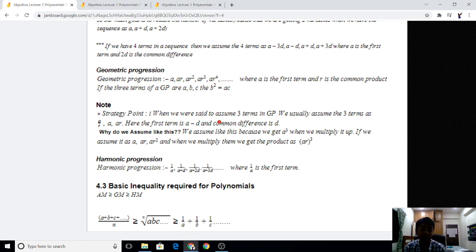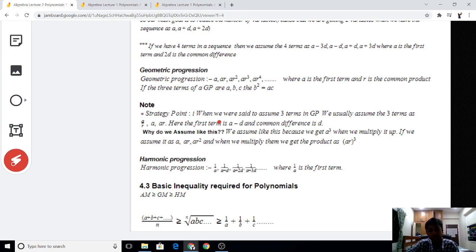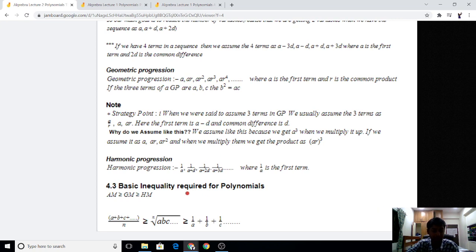When you multiply all three of them, you get A cube because the R and R get cancelled. We always want two variables to come down to one variable. So for an AP you need to add, but for a GP you need to multiply. That's the basic point where people struggle to think about it.